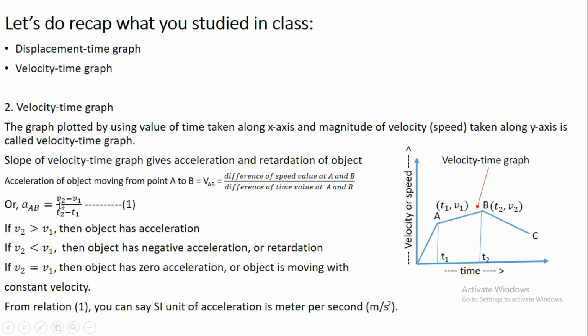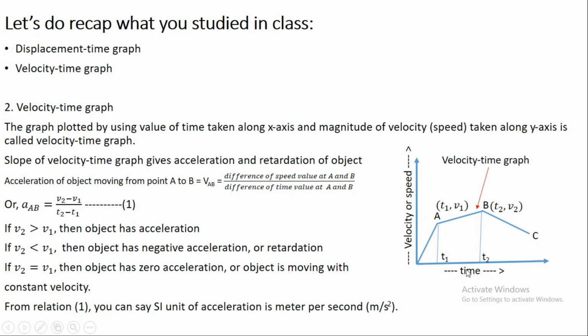In that case it gives a negative value, so it results in a negative acceleration, which is actually retardation. And if v2 is equal to v1, this graph doesn't show the case of v2 equal to v1. For that you have to consider a line parallel to the time axis.